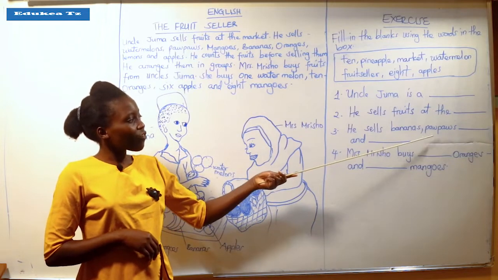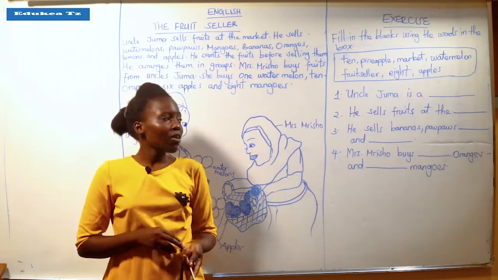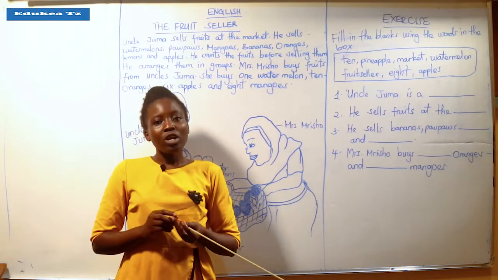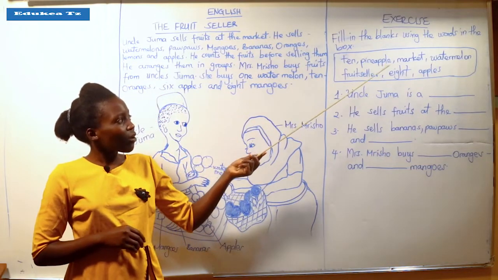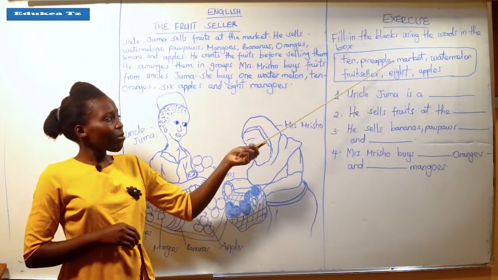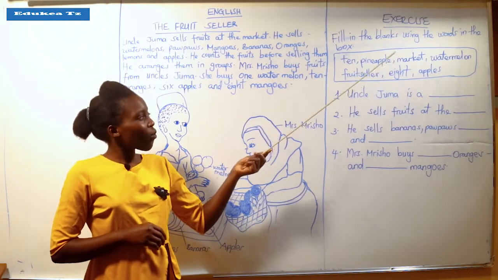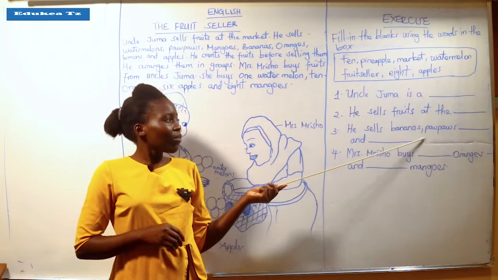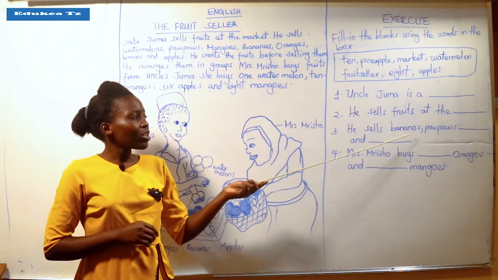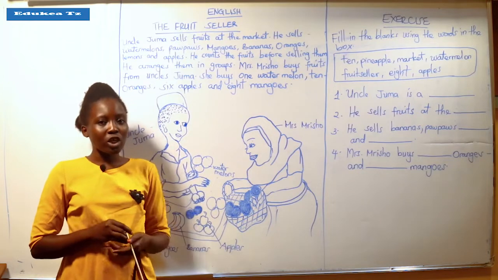These are the list of fruits which Uncle Juma sells. You have been given 2 examples, so you are supposed to choose the other fruits from the box which Uncle Juma sells in order to complete the sentence by filling the provided spaces.